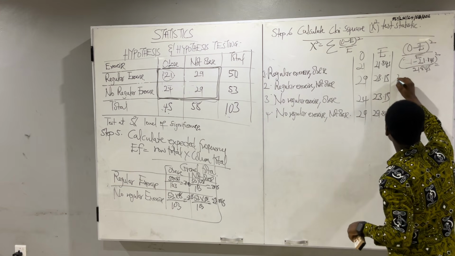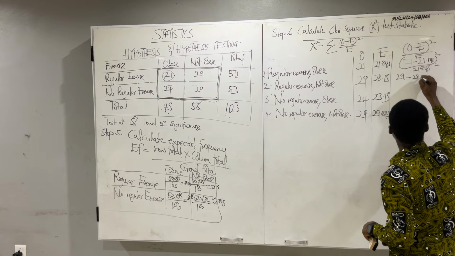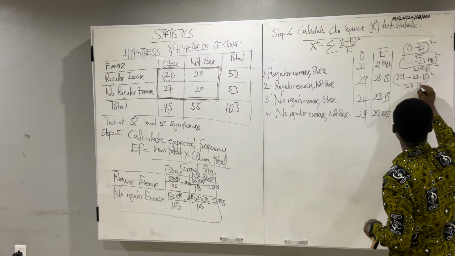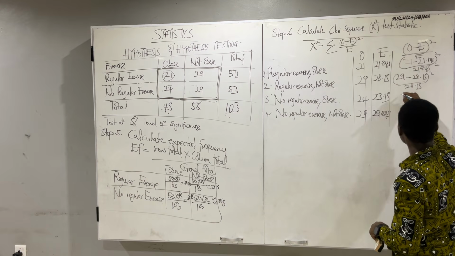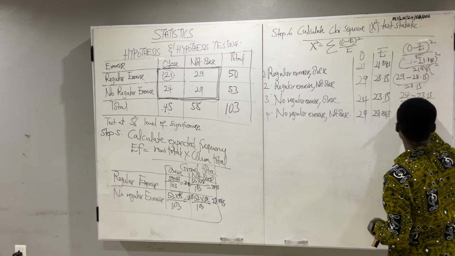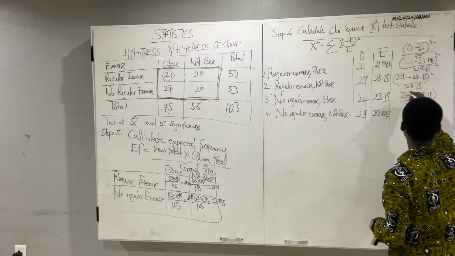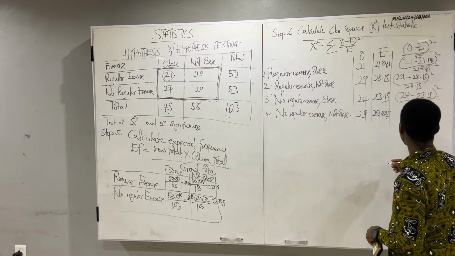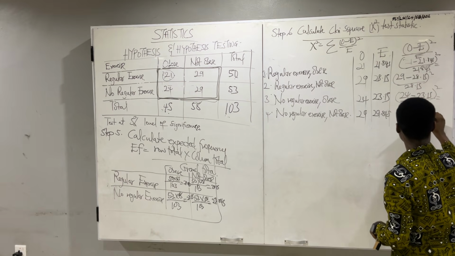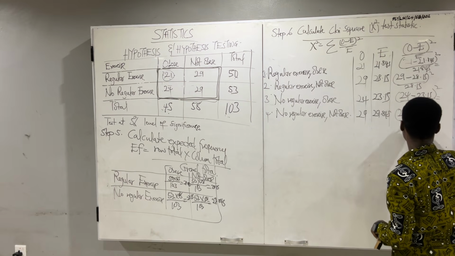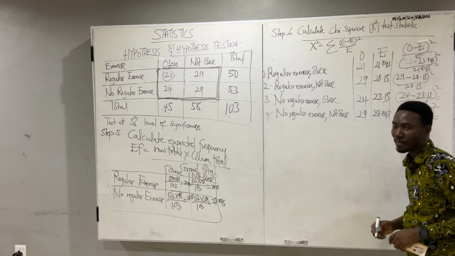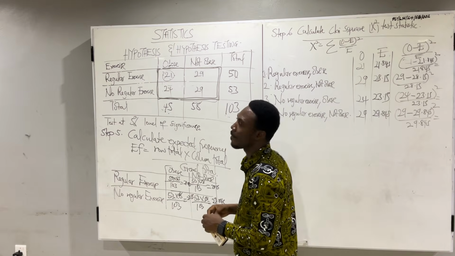The second one, 29 minus 28.15, close the bracket, squared, all over 28.15. The next, O is 24 minus 23.15, squared, all over 23.15. Then 29 minus 29.845, squared, all over 29.845. Compute and give me the answers.